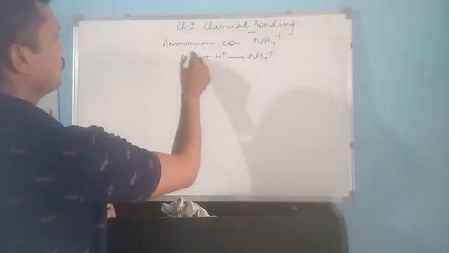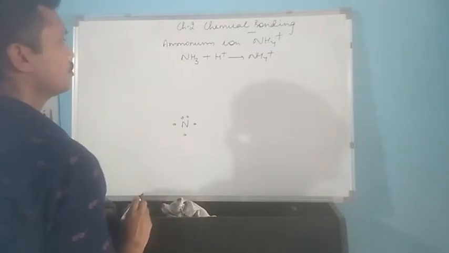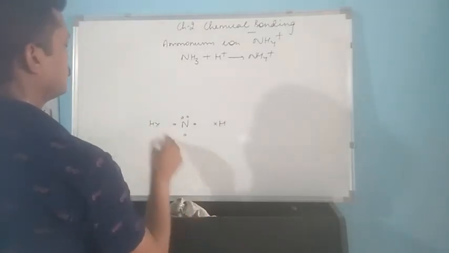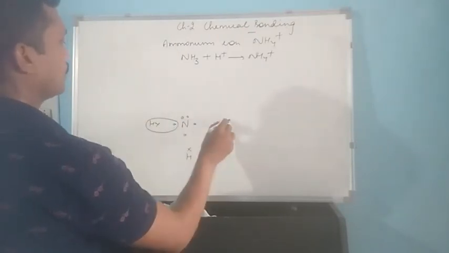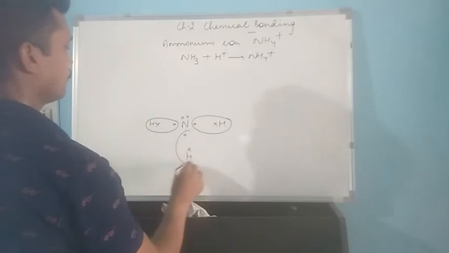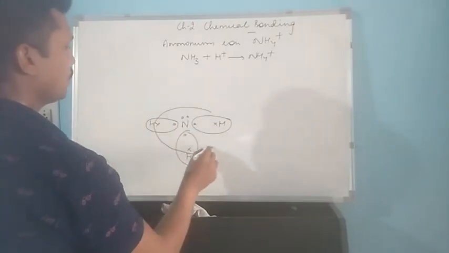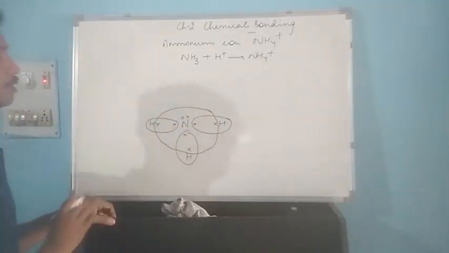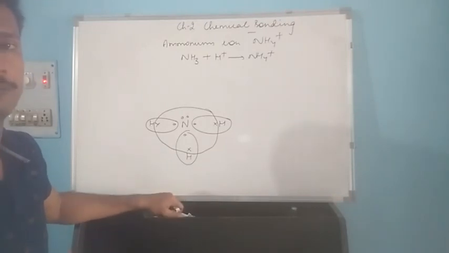So first we will see for ammonia. Nitrogen has 5 electrons with 3 hydrogen atoms, where hydrogen atom will complete its duplet. Even nitrogen has also become stable. So you can see it is this lone pair of electrons that will not be forming any bond.